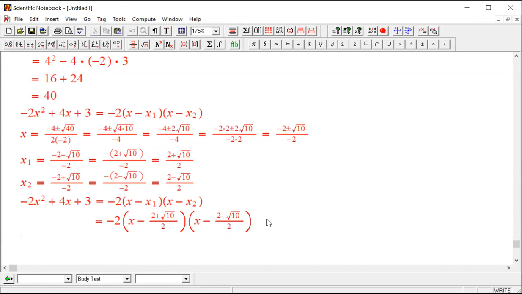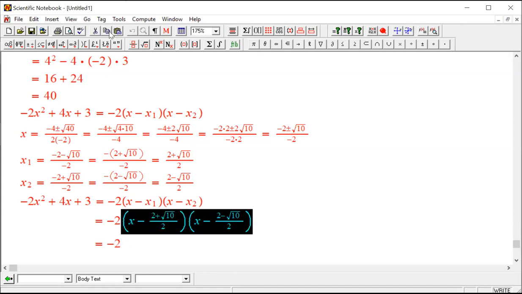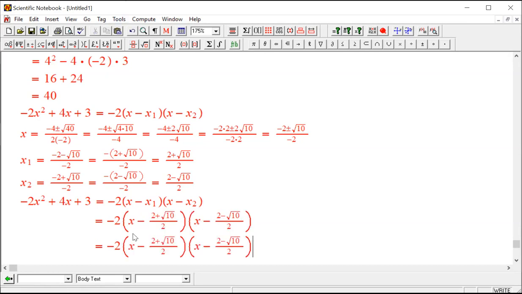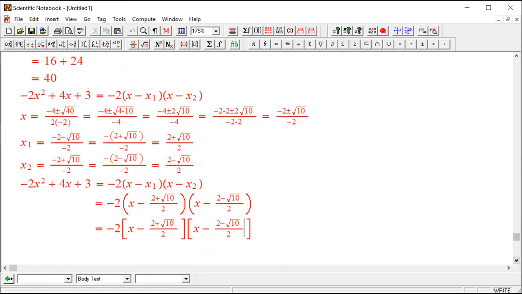To do that, this is what you can do. You have -2. I'm going to put these in brackets again, just to keep things better organized.